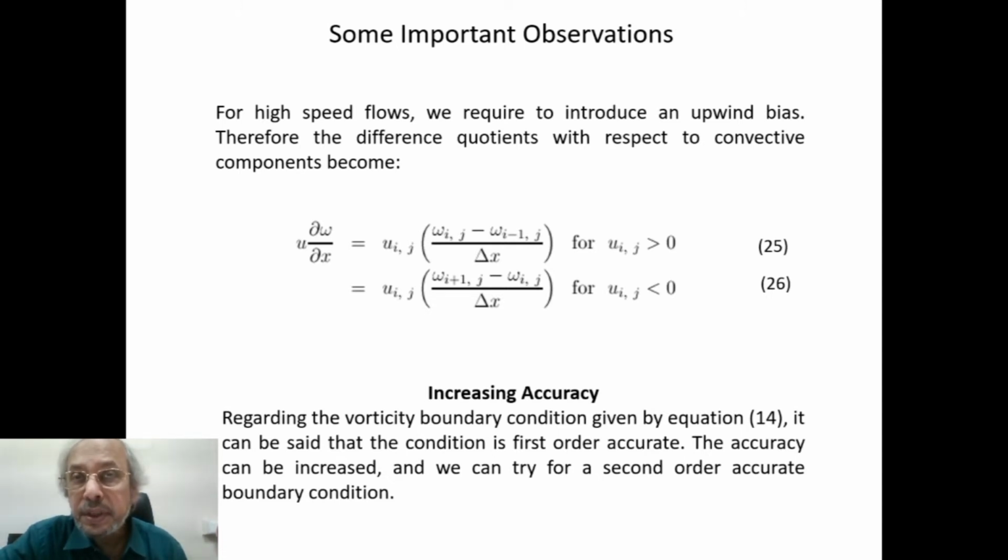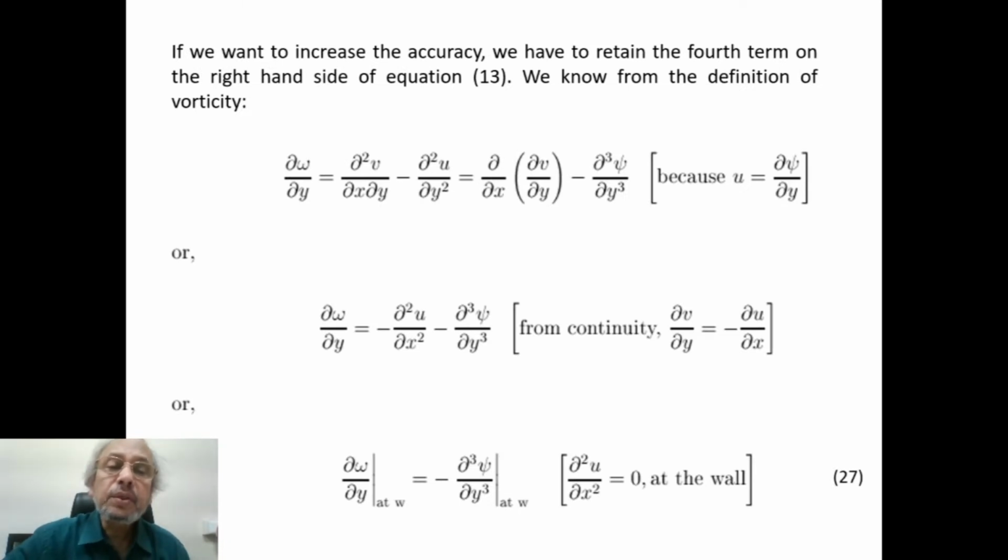That means there will be a gradient del u del y throughout the boundary layer, and vorticity is del v del x minus del u del y. Because of the del u del y term, vorticity will be generated near the wall, and this vorticity generation has to be very accurate while solving flows using the stream function vorticity approach.